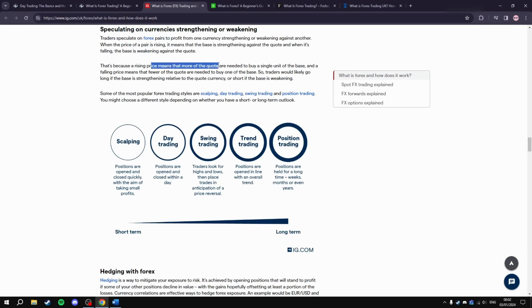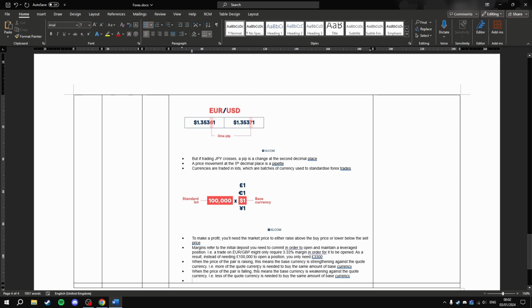That's because the rise in price means more of the quote is needed to buy a single unit.